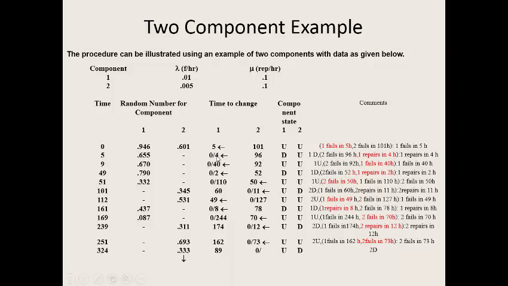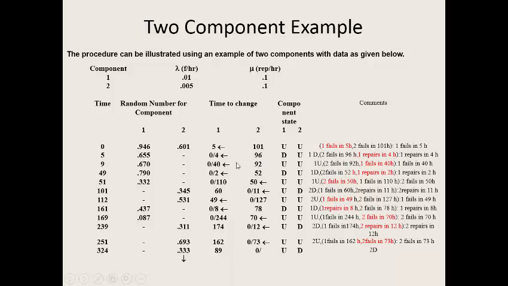So that means that the next state change will be because of the repair of this component. So we go to 4 hours later, 5 plus 4, 9. So we set this to 0 and we subtract 4 from here, so that there are still 92 hours left on component 2.